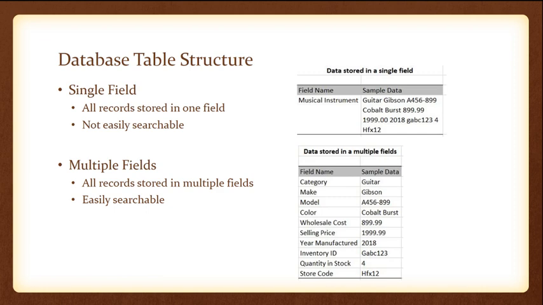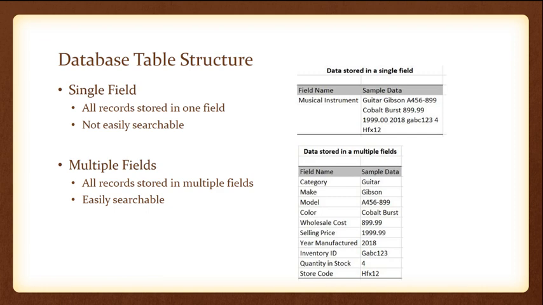We talk about the field as a musical instrument, and the sample data talks about Gibson, guitar, A456-899. They have all this different information about the musical instrument, but we don't know what that information relates to. We don't know what those numbers mean. It's just kind of a bunch of stuff that is thrown together. So that's considered a single field table structure. It's hard to search when you don't know what you're looking for.